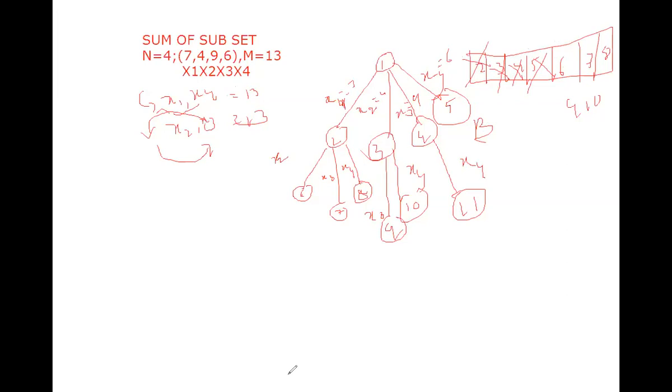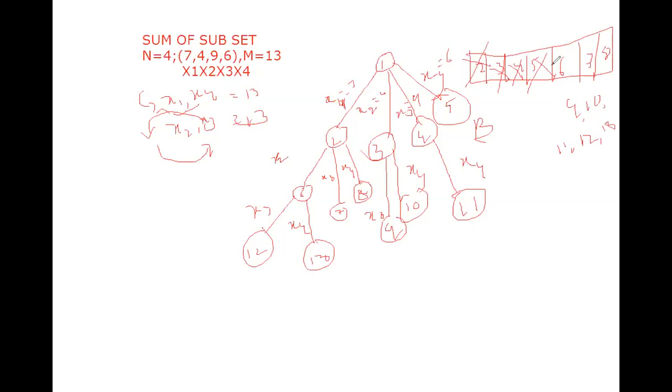Okay, next element I want to expand is 6. I consider x1, x2 here. Next I have two possibilities, that is x3 and x4. After x2, I consider x3 and x4, that is nodes 12 and 13. I store here 11, 12, 13.